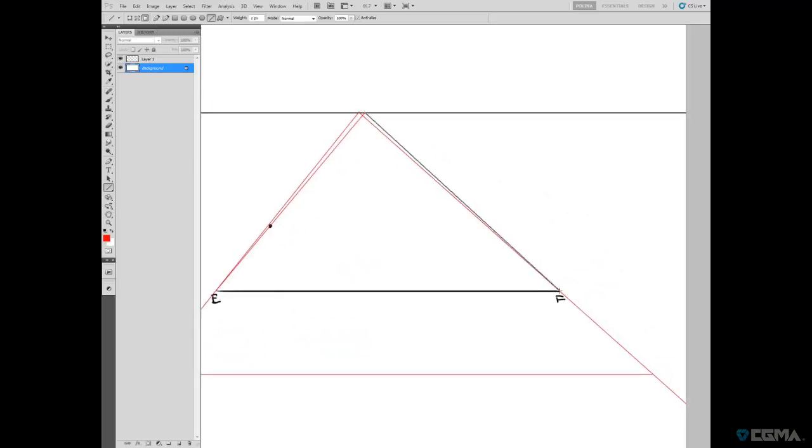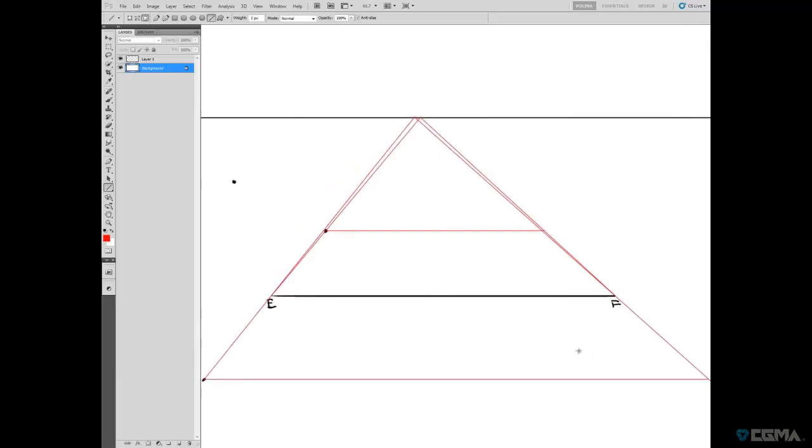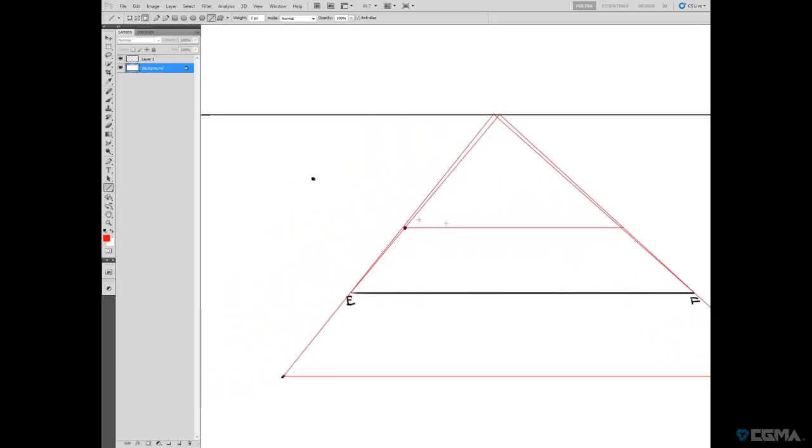Back to line F, through, and that gives us the same length line, just further up.